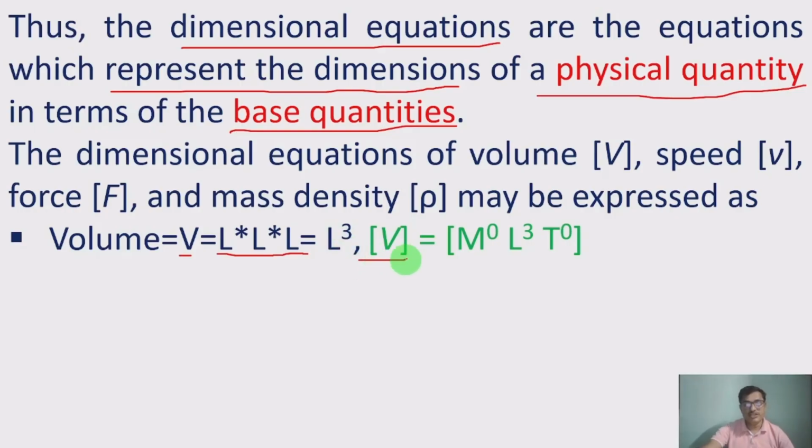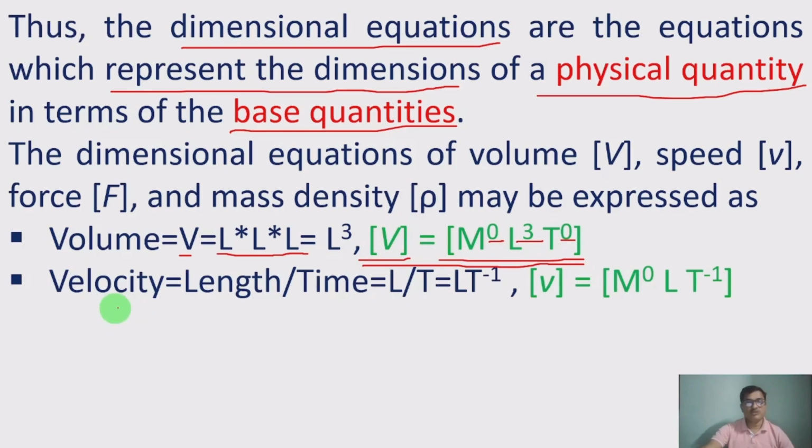Then this volume V is equated with the dimensional formula of volume, that is M to the power 0, L to the power 3 and T to the power 0. Here mass has 0 power and time also has 0 power, but the length has 3 powers, as we know that it is L raised to 3. This is the dimensional equation of the volume.